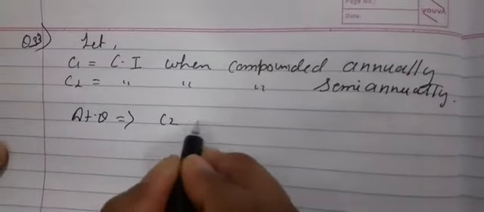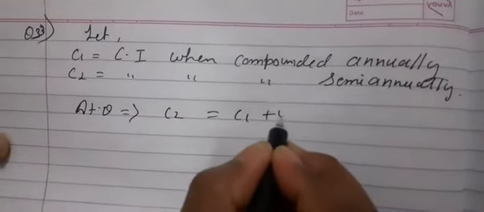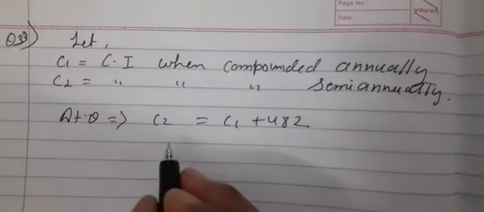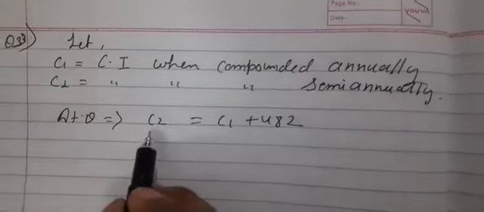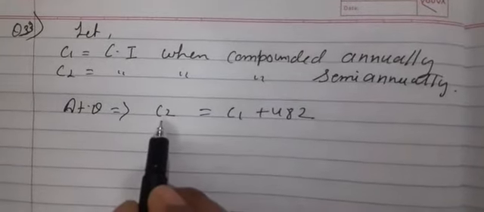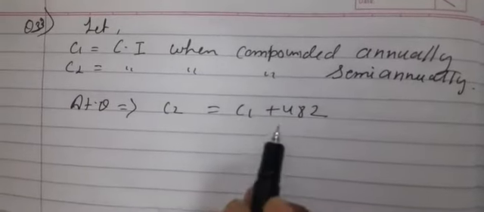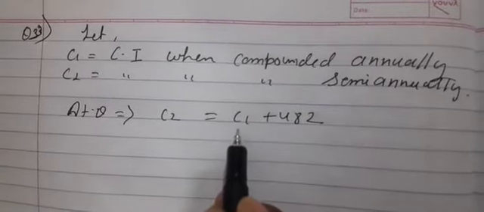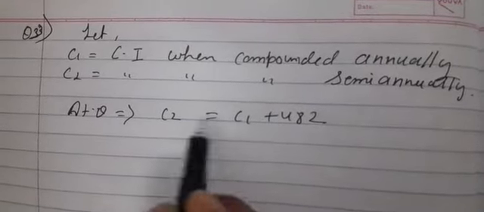Just now I explained that C2 is equal to C1 plus 482 rupees. It means the compound interest compounded half yearly is 482 rupees more than the compound interest compounded annually. So we will use this for the solution of our sum.